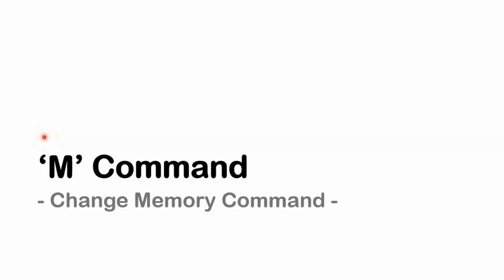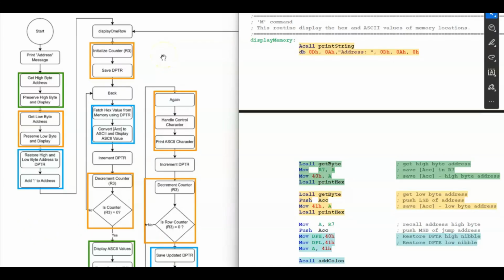M command. This command displays the hex and ASCII values of the specified memory locations. Okay, so we are now looking at the M command. It starts off with printing the message, which is this one here, and the message is address.